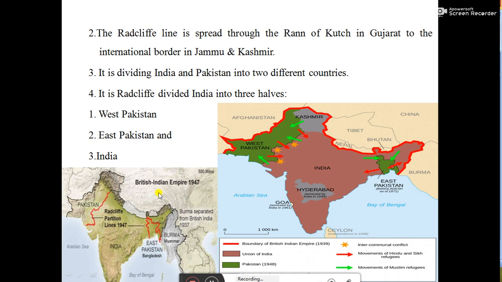The Radcliffe line divided India into three parts: West Pakistan, East Pakistan and India. This is India, this is West Pakistan, this is East Pakistan.